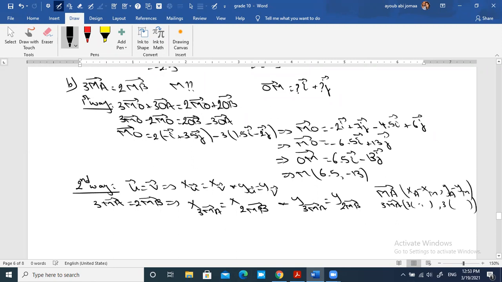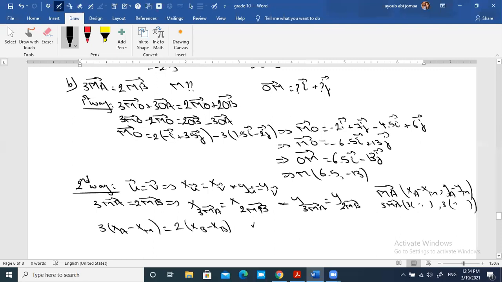As we said, when you multiply a vector by a constant, the components of this vector will be multiplied by this constant. So here I can say 3 times (xA minus xM) is equal to, the same for 2MB, 2 times (xB minus xM).